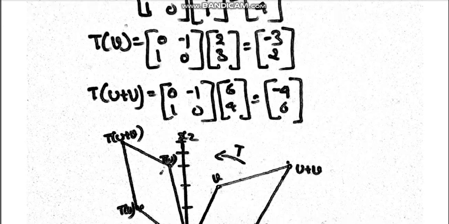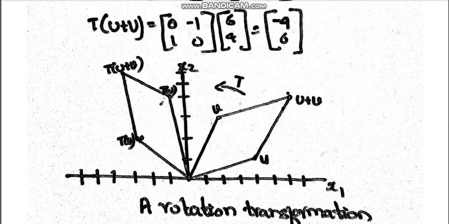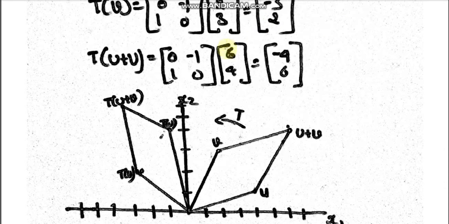4, 1, 2, 3. So you can see here 4, 1, u is being represented: 4, and the height of this y is 1. This is your u. And another one was, what was the value here? It was 2, 3. So you can see here 2, 3, v is 2 times, this height is 2 and this is 3, and u plus v is 6, 4.